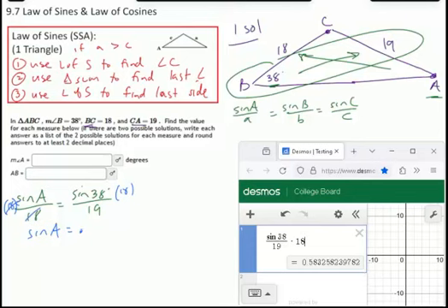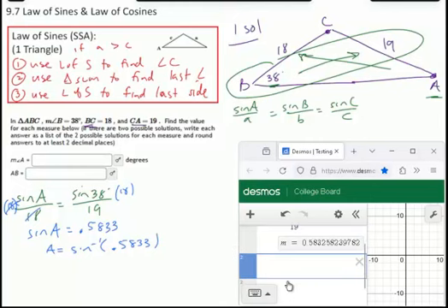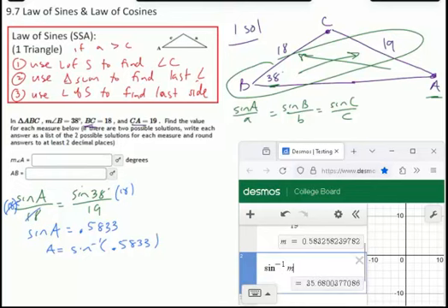This is our ratio for the sine of A, which means if we want to calculate A, we're going to take the inverse of that. In order to use the calculator for this, I want to call this some variable. I'm going to call it some constant m. If I then take the inverse sine of m, I'm going to get my angle, which is 35.68.